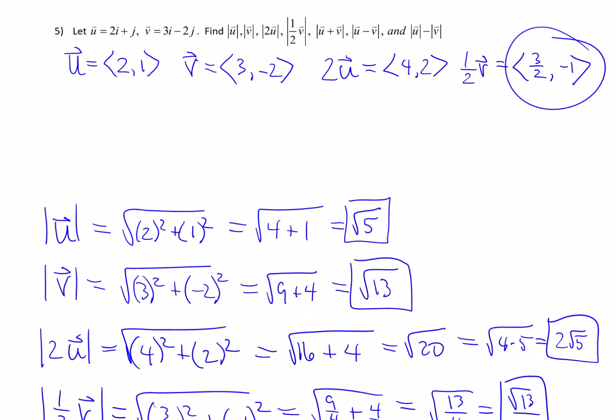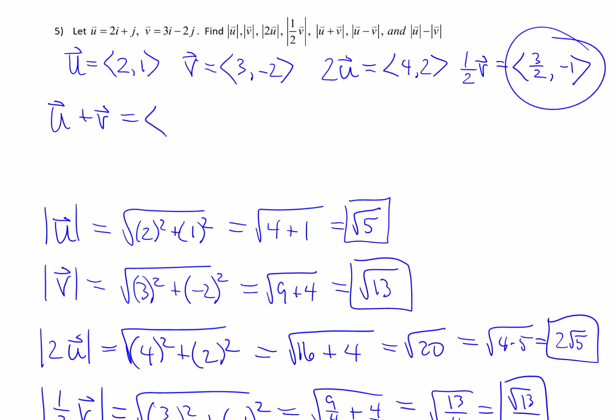So if we're trying to find the magnitude of vector u plus vector v, then it'd be convenient to know what vector u plus vector v is in component form. And of course, to do that, as we specified above, you're simply adding up the components of those vectors.